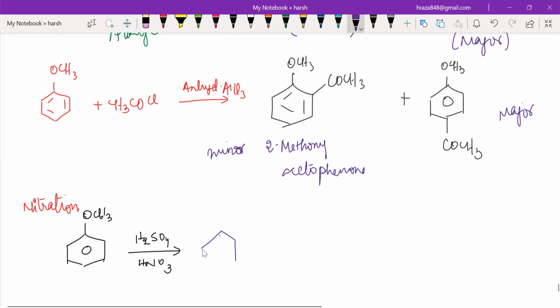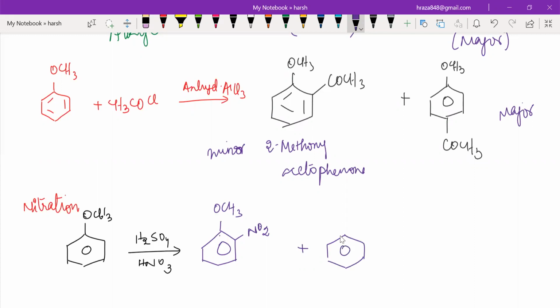So we have the products, and its name will be 2-nitroanisole, and its name will be 4-nitroanisole.